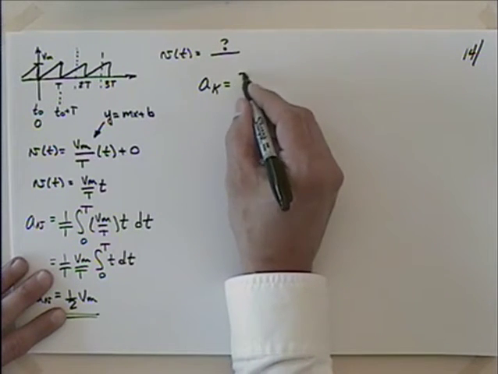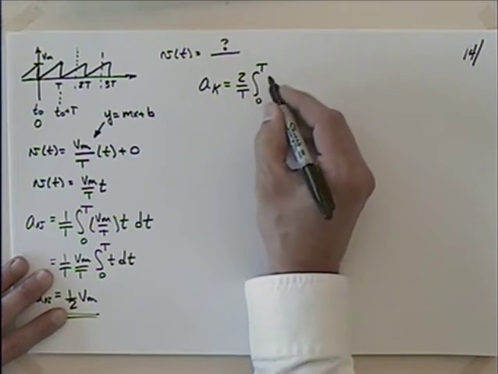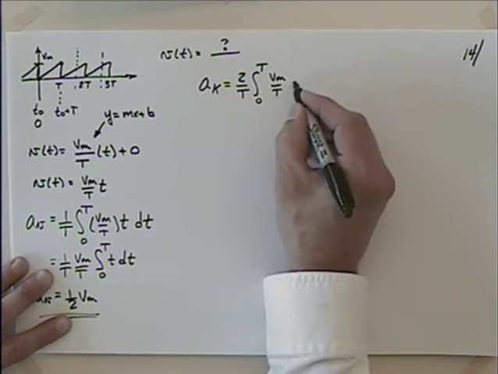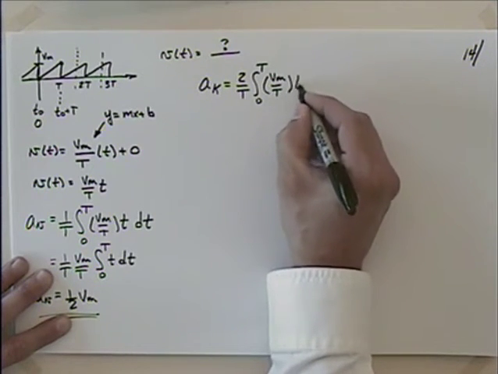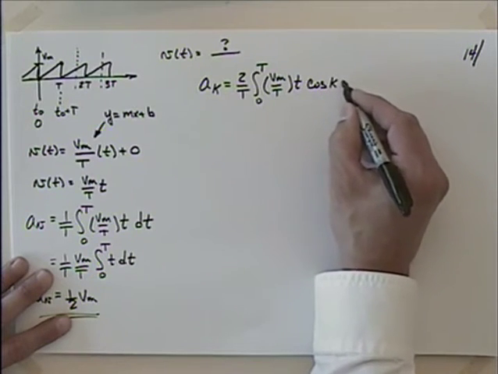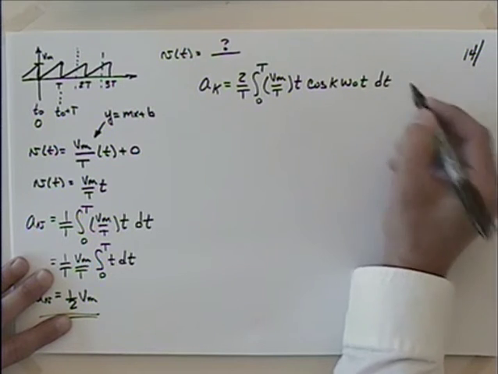A sub k is 2 over T times the integral from 0 to T of Vm over T times t times the cosine of n or k, we'll say k, omega naught t dt.